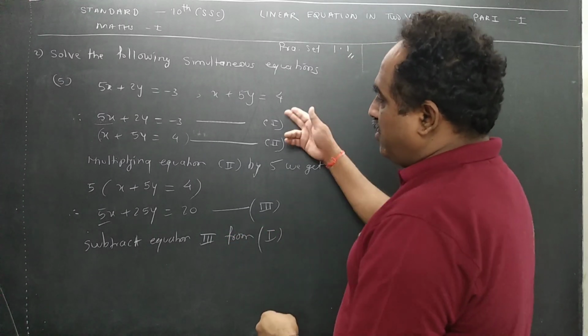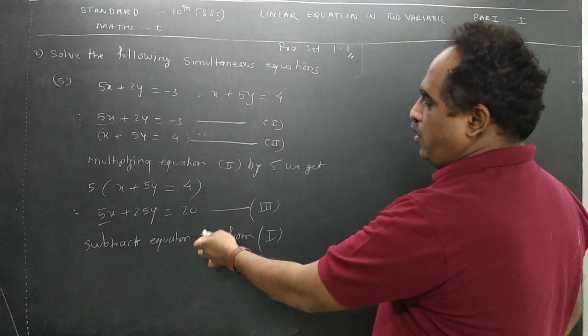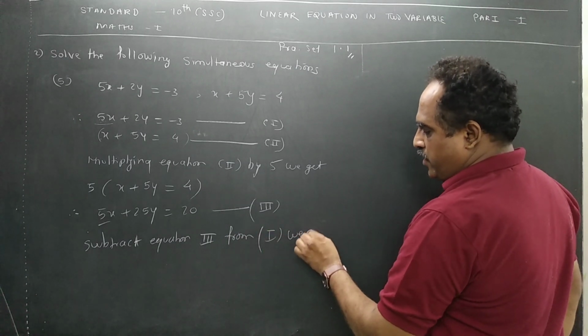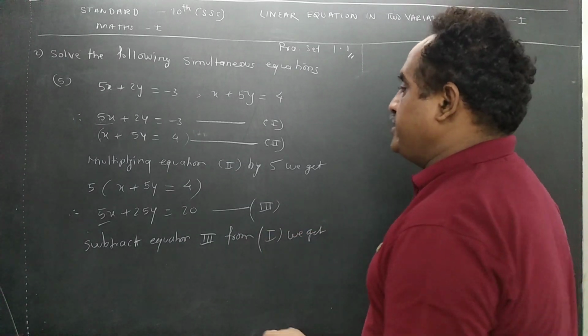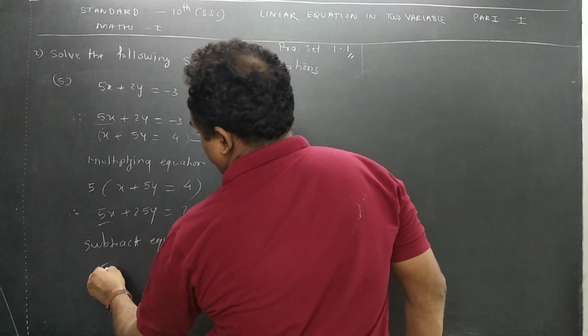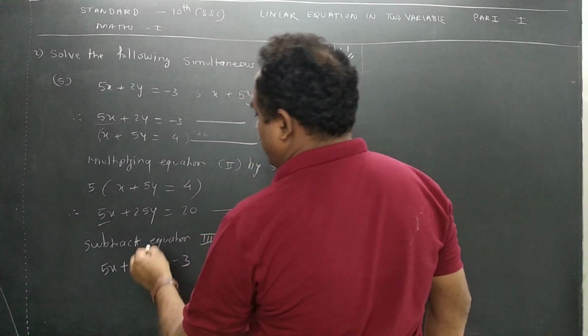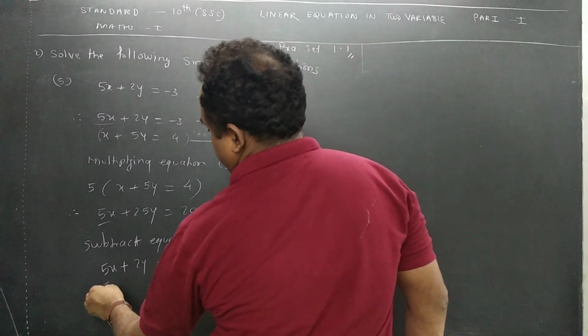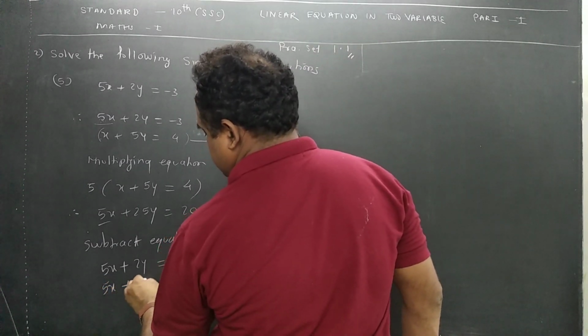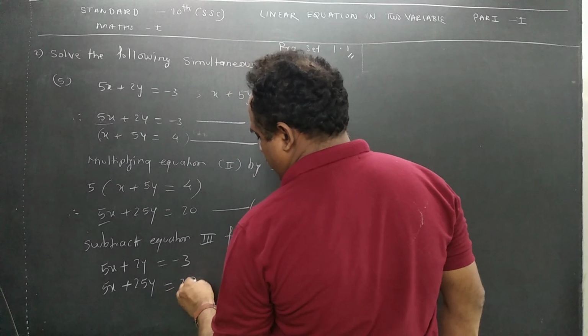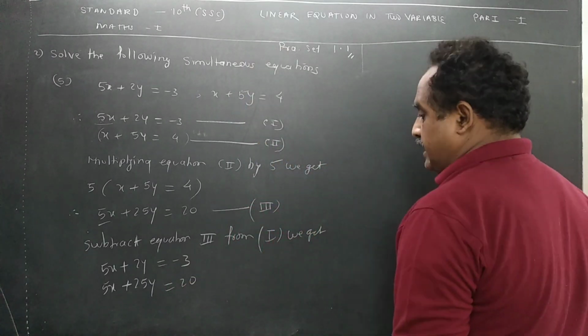Is it right? We subtract 3 from 1. We get, what is equation 1? So 5x plus 2y is equal to minus 3 and 5x plus 25y is equal to 20.